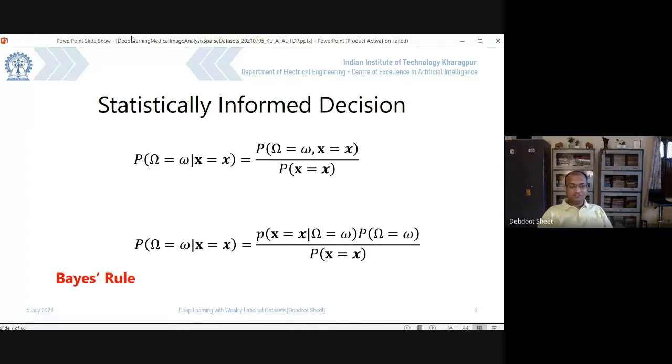You might know about this Bayes rule, where this outcome part is what is called a posterior probability. So posterior probability is the probability of getting a certain class knowing the observation or the evidence which you have. So given a value of x, assign a probability to a certain class which is omega.